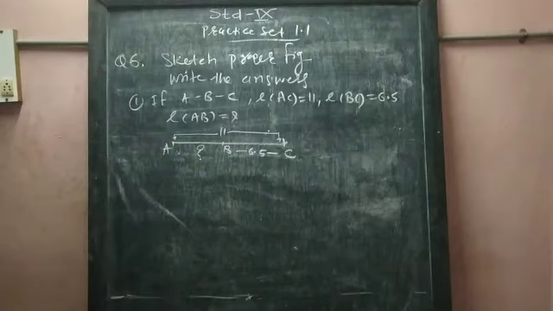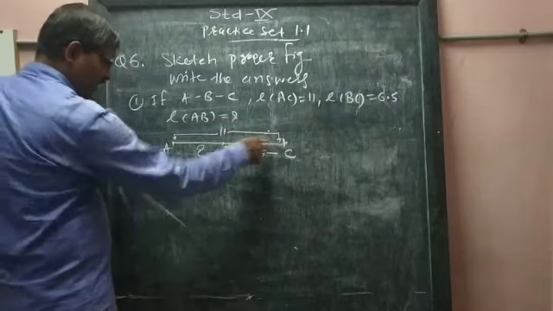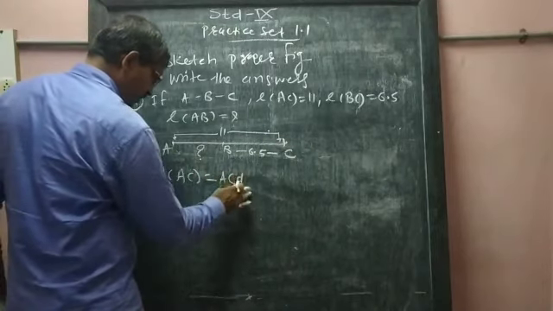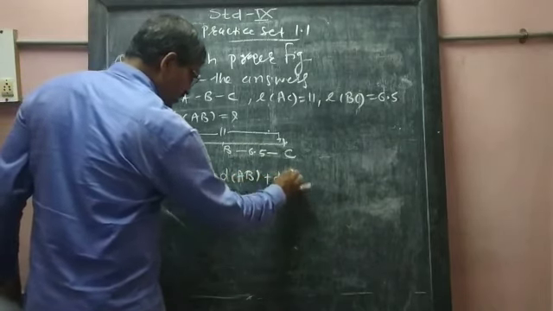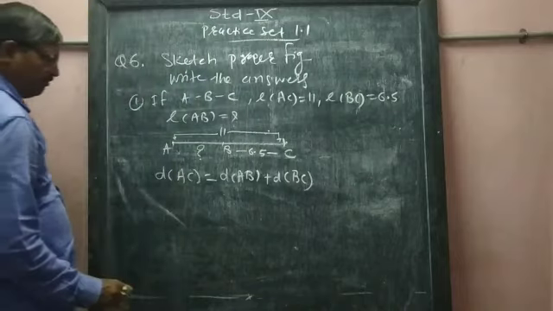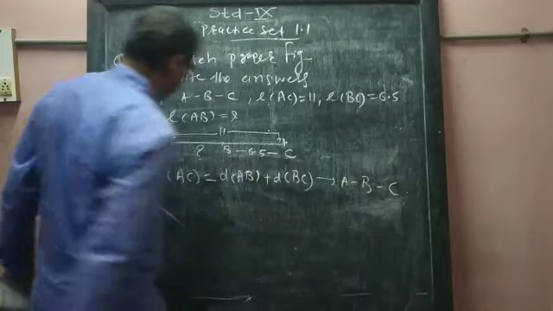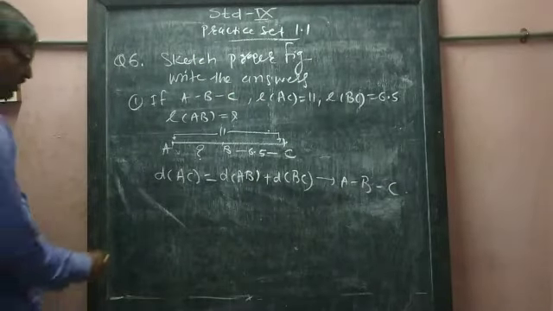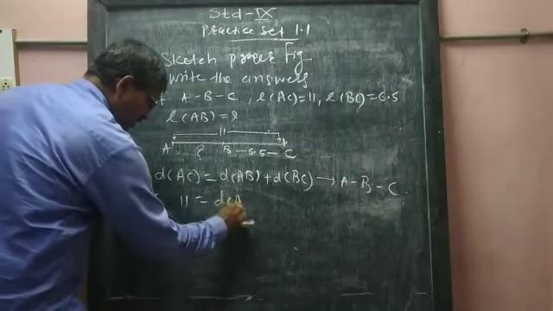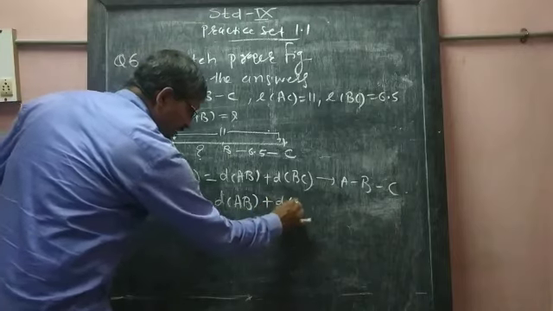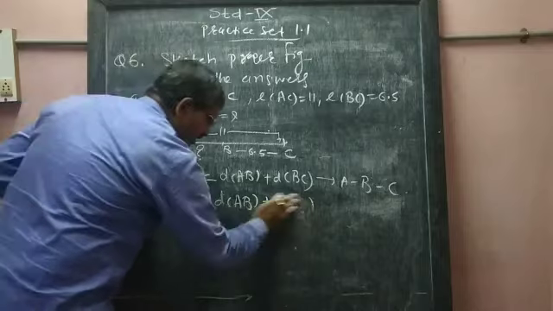We can find it. Now we will write here: distance AC is equal to distance AB plus distance BC, since A is between B and C. So distance AC is equal to 11, which is equal to distance AB plus distance BC.